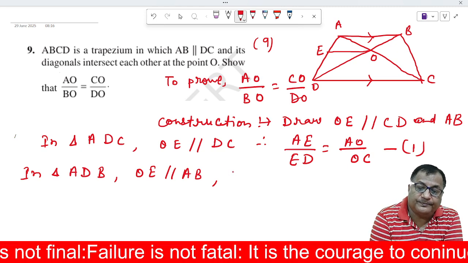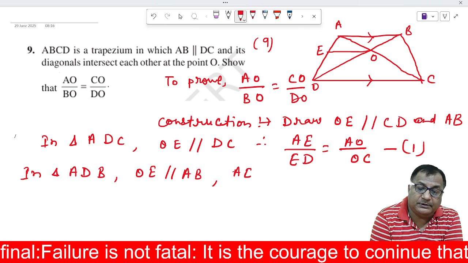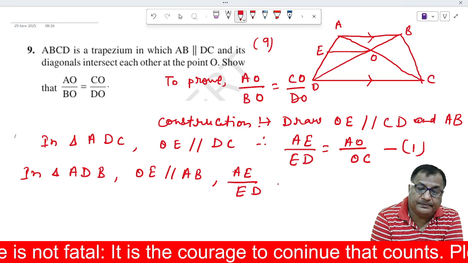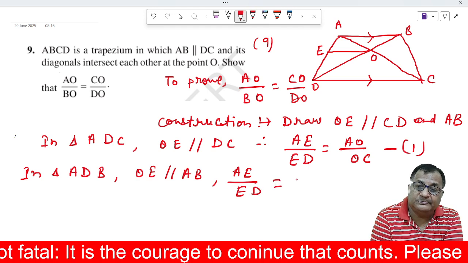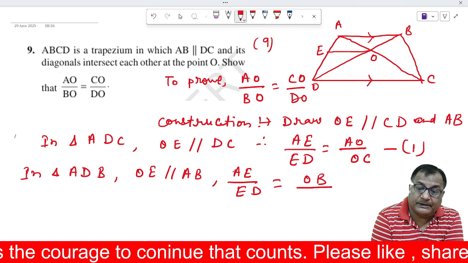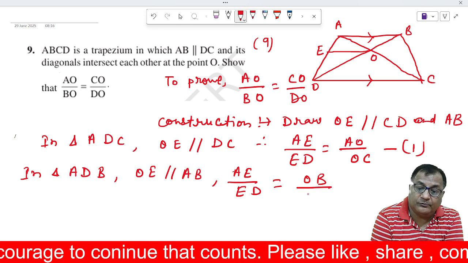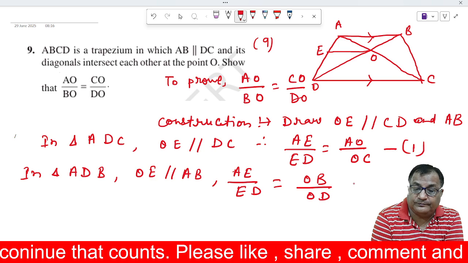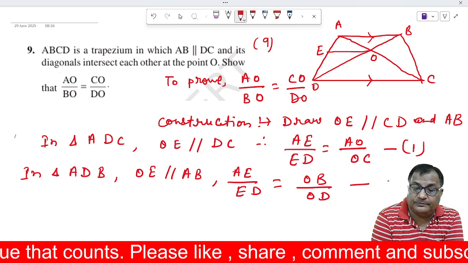So AE divided by ED is equal to OB divided by OD by BPT. This is second.